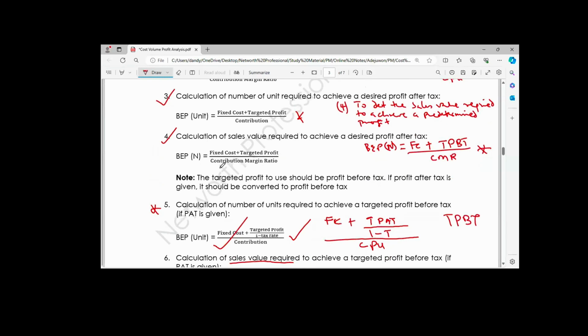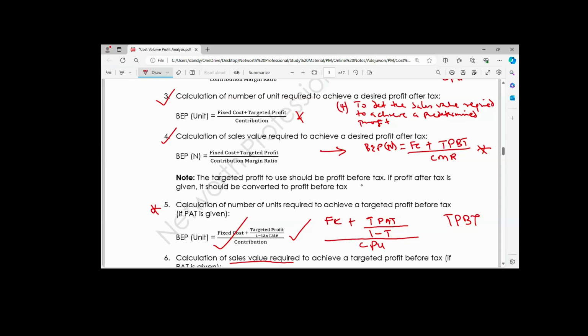Number 4 is to calculate break-even points, to determine the sales value required to earn a desired profit. If you are given profit before tax, your break-even point in Naira to achieve a targeted profit is fixed cost plus targeted profit before tax, divided by contribution margin ratio.